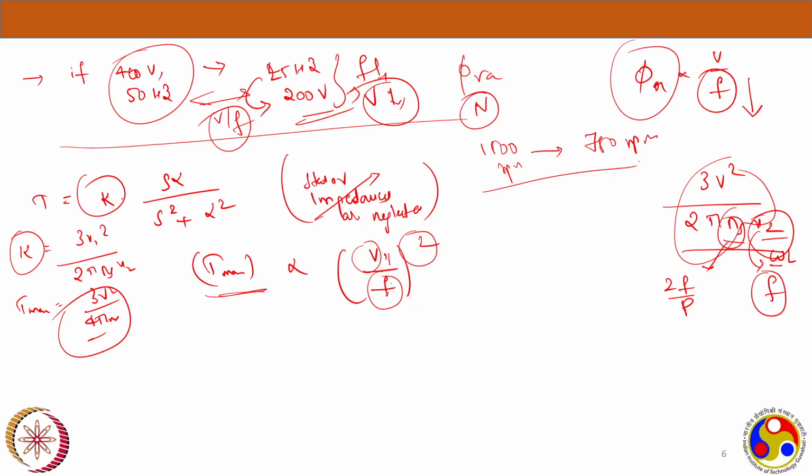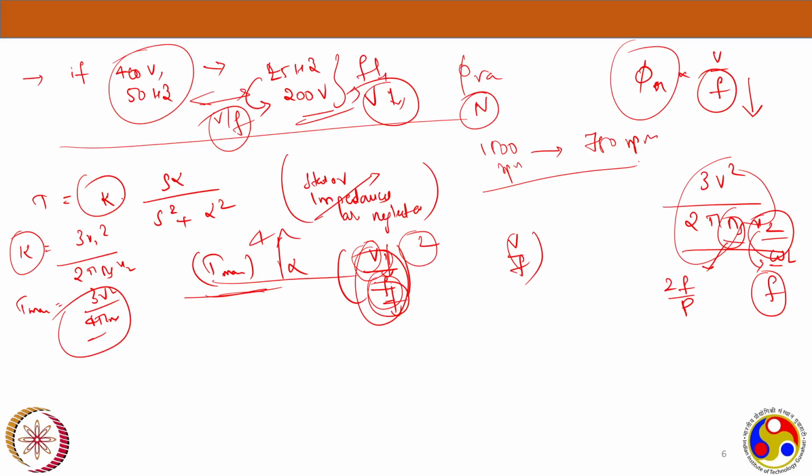You are reducing F, and if you are also reducing V, the ratio is the same. Only if you reduce just the frequency, without changing the input voltage, and you reduce the frequency by half, your maximum torque will go up by 2 square, 4 times. But if you keep the ratio V by F constant, T max will always be constant. That is the importance of it.